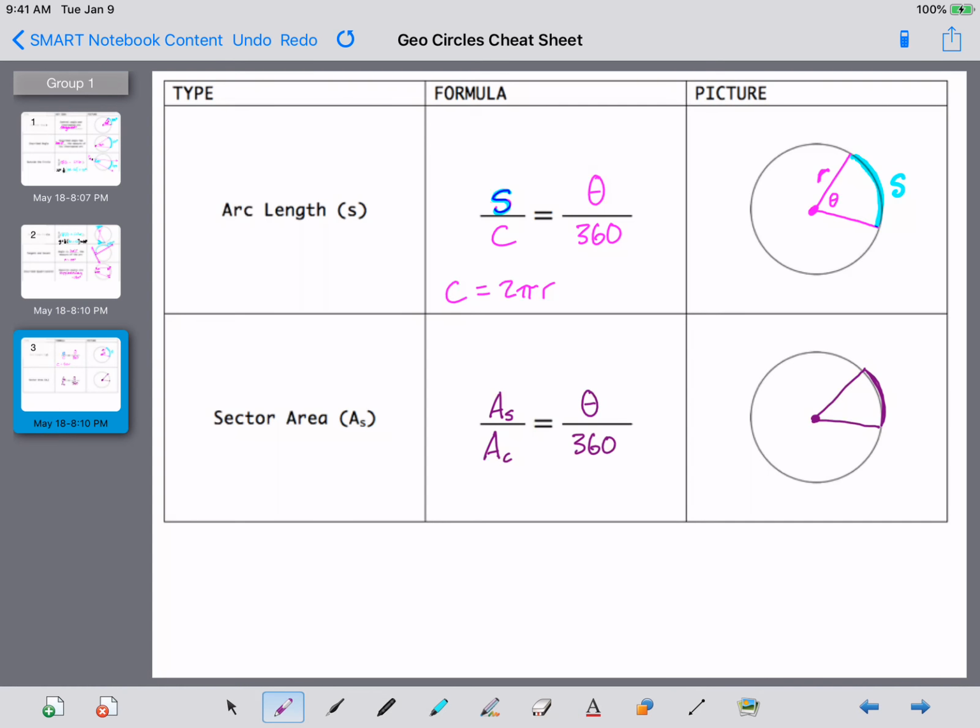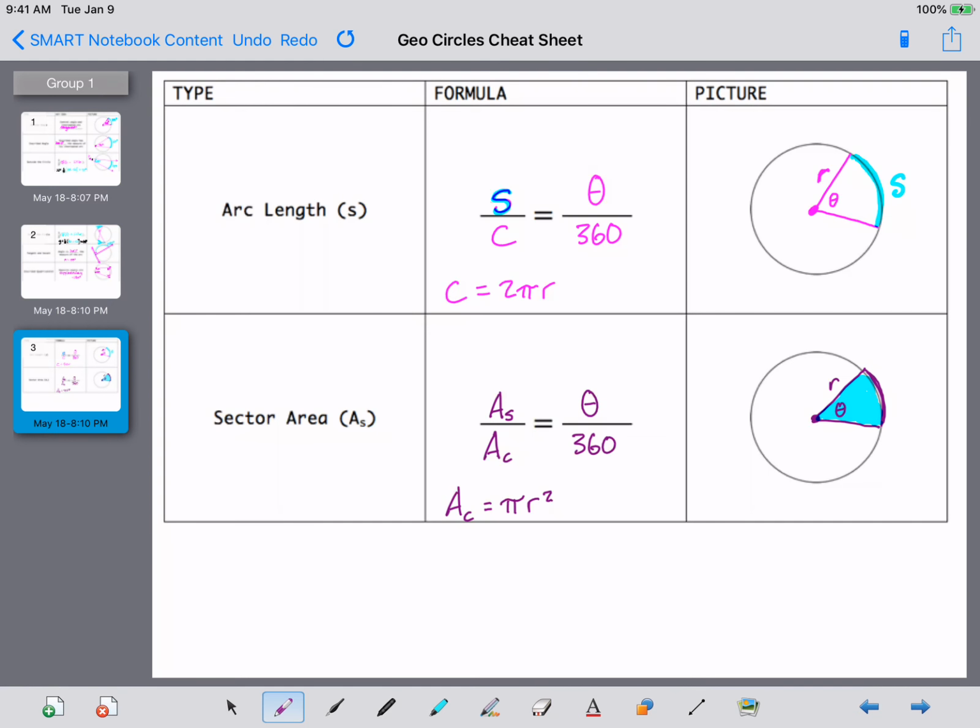What we're actually doing here is figuring out the area of this sector, like how many square units this area would be. You're calculating a part of the area. You still need to use theta, and you still need to use the radius, because in order to find the area of the entire circle, we need to use pi times the radius squared.